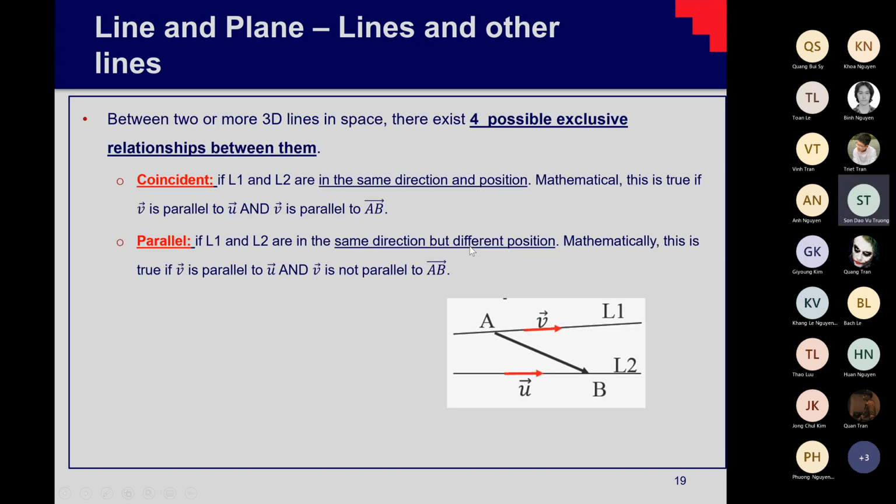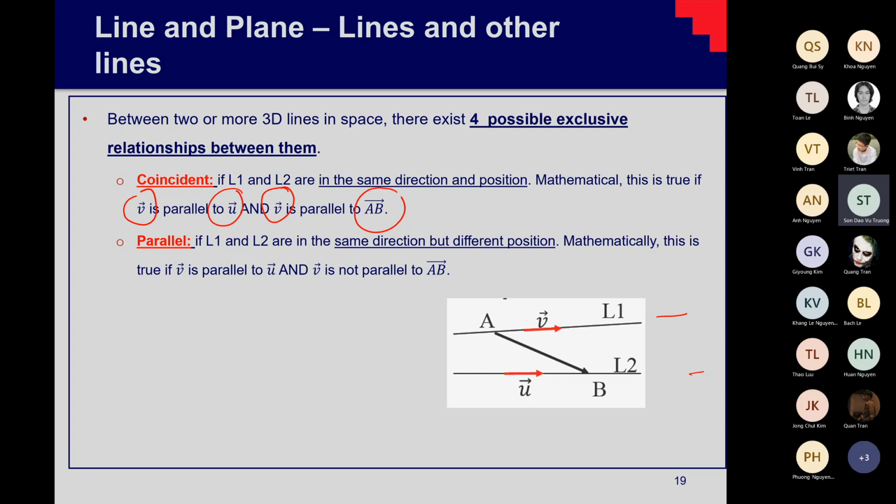So for the first case, coincident, line 1 and line 2 are in the same direction and position. Mathematically speaking, this is true if vector v is parallel to vector u, and vector v is also parallel to vector AB. So we have two lines, L1 and L2, in the same direction.